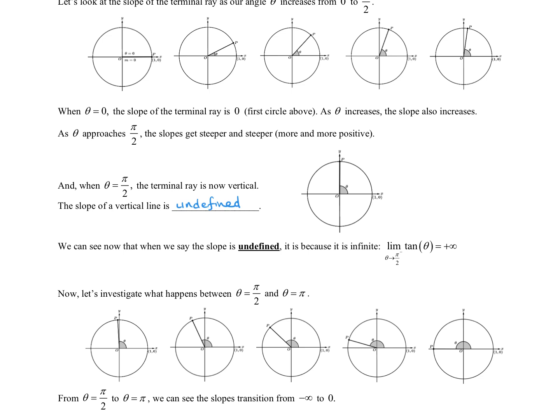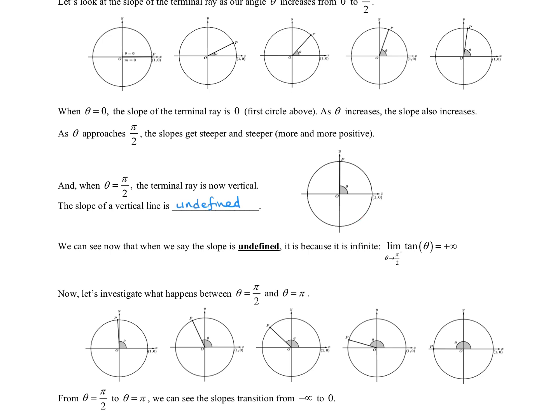Let's read this one. We have a limit as theta approaches pi over 2. What does this little negative sign mean? That means from the left, from a little bit less than pi over 2. The way our unit circle goes is counterclockwise. Does everybody agree with this?